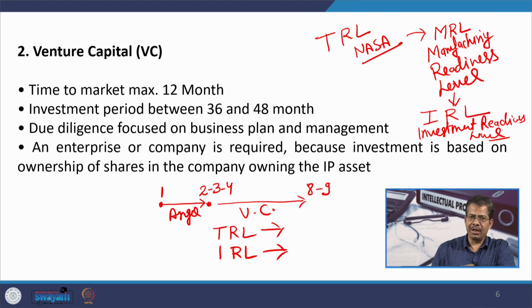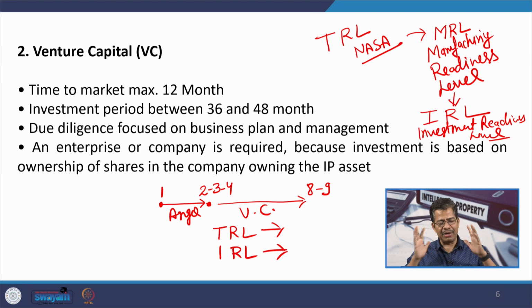Even from the venture capitalist's point of view, if I am investing in a particular technology, I may wait for 3 or 4 years, and I will see whether sufficient gains will be available to me if I leave this company after 4 years.